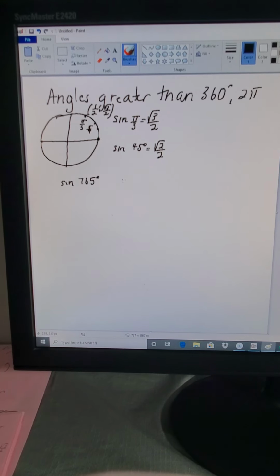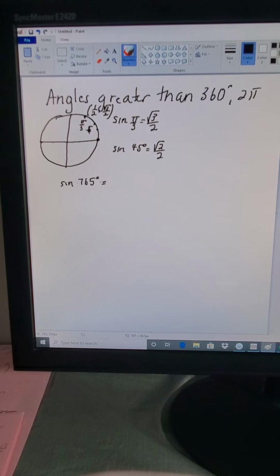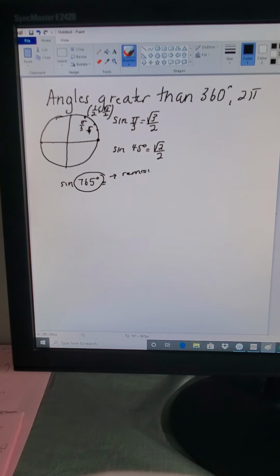That's what I'm trying to say. So the sine of 765 is somewhere on this circle. Your job basically is to remove full turns.